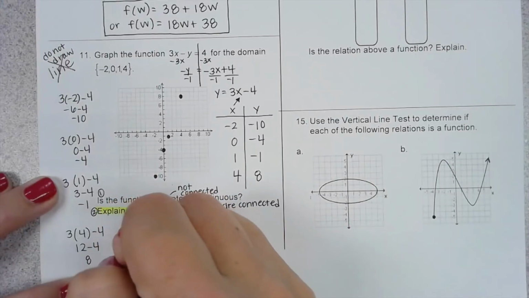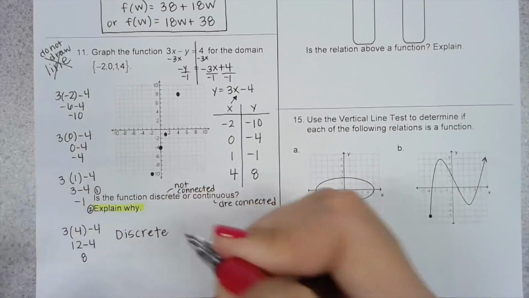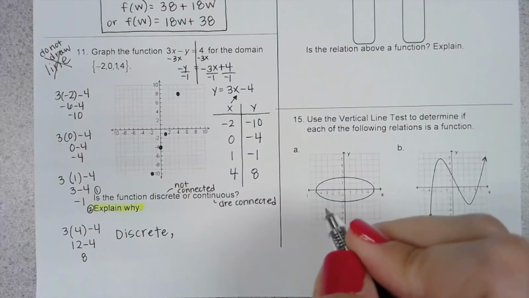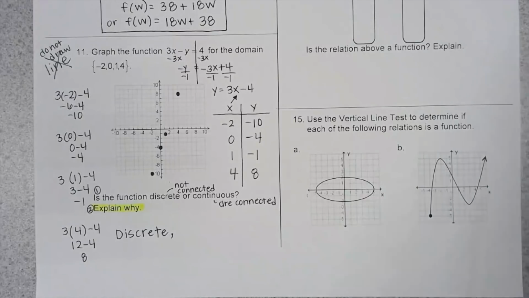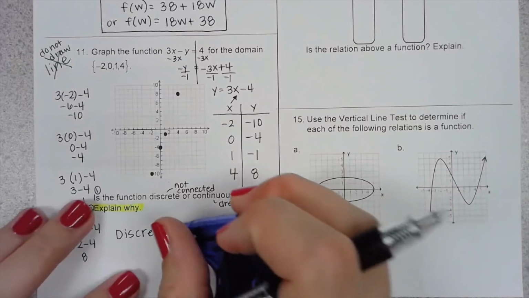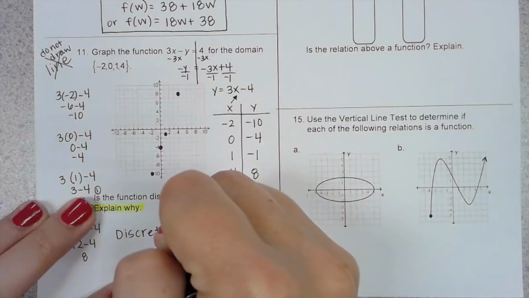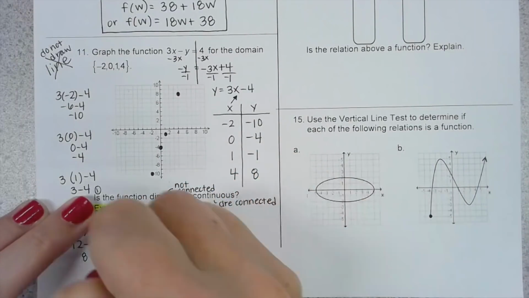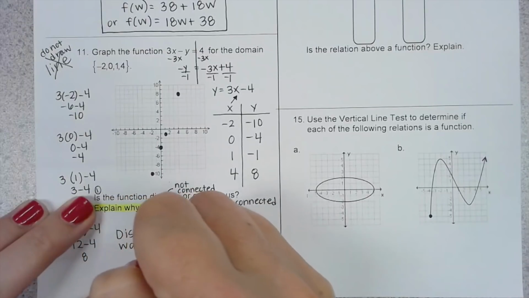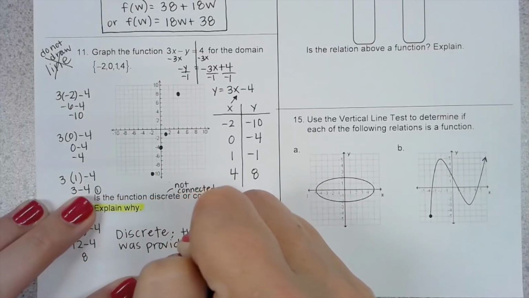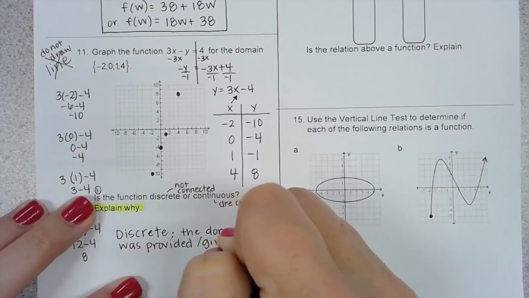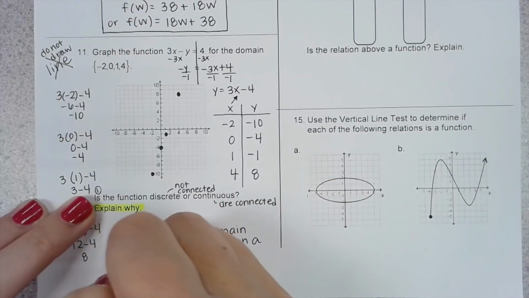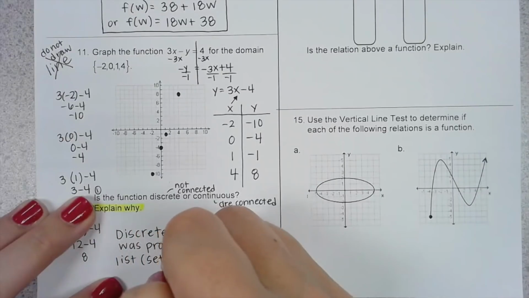This graph is discrete, so that answers the first part of the question, but the reason why it's discrete is not because the points are in a line. The reason that it's discrete is because the domain was provided or given to you in a list, and sometimes we call that set notation.